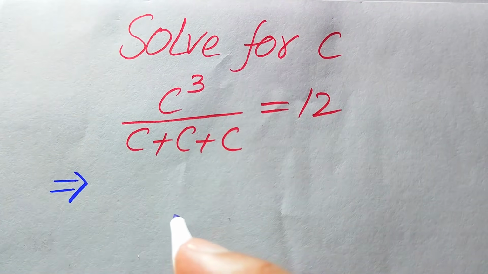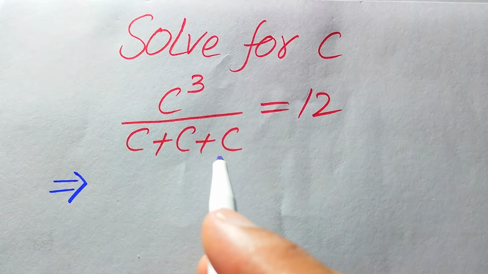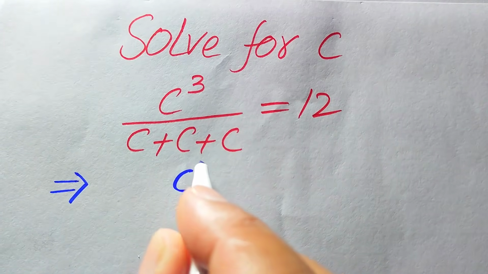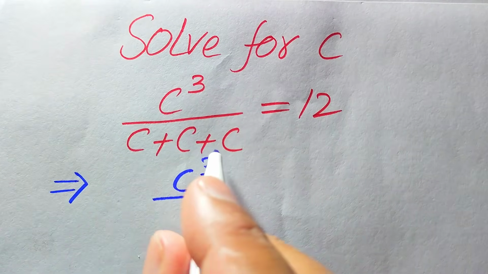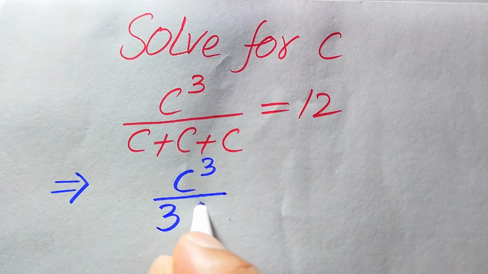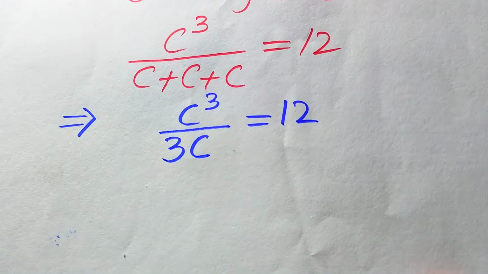So here you see that in the denominator we have c added 3 times. So we write it as c cubed divided by, when we add these three c's we get 3 times c, and this is equal to 12.